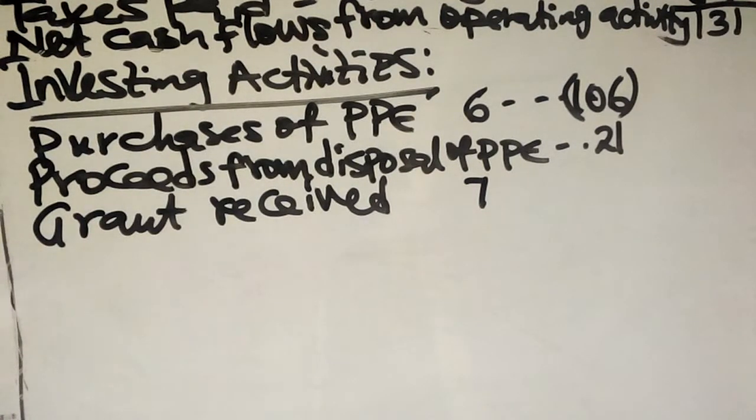Remember, I've told you that the statement of cash flows is prepared in line with the cash basis of accounting, but your statement of profit or loss and statement of financial position are prepared in line with accrual basis. So you want to convert from the accrual based financial statement to cash based financial statement. That is what we are trying to do here.